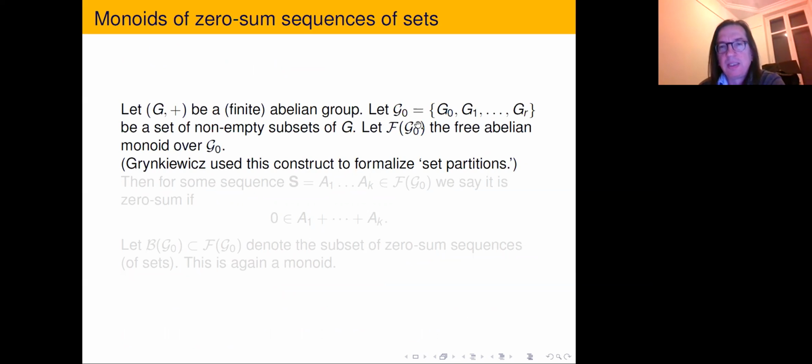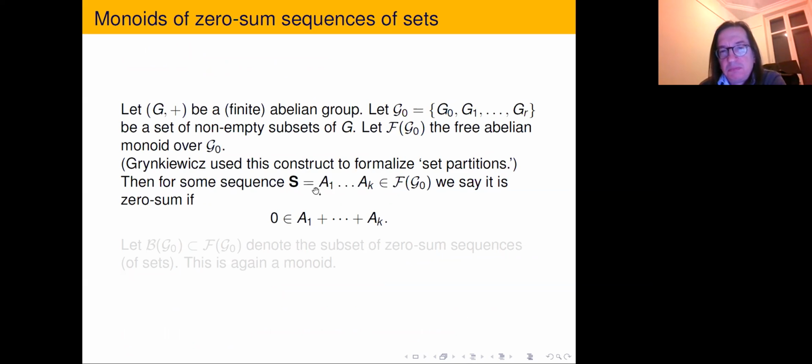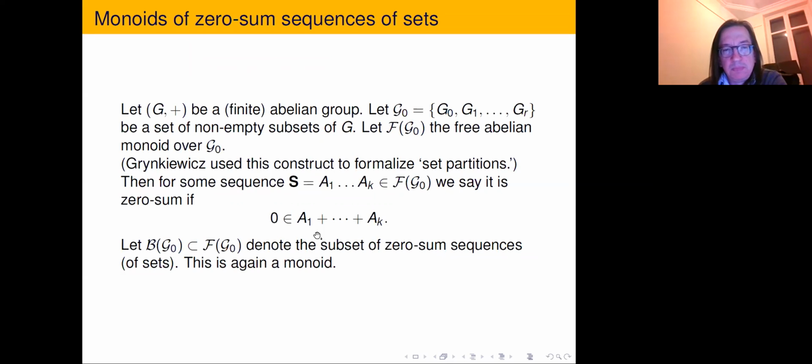So to really consider free monoids generated by subsets of a group. And then here for some sequence S, now a sequence of sets, I say it's a zero-sum sequence if 0 is an element of this sum set. And then I can, in the very same way, consider the submonoid of zero-sum sequences of sets.